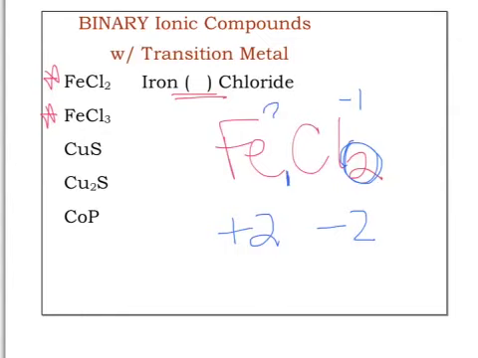So what is the charge on that iron in order for this to be +2? If you said 2, you're correct. We're going to write a Roman numeral 2 right here. That indicates the charge on the iron is +2. That's where we get the Roman numeral 2.